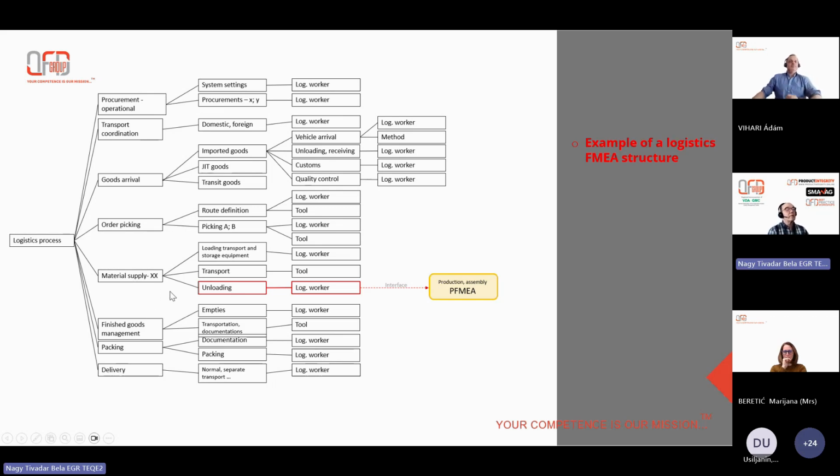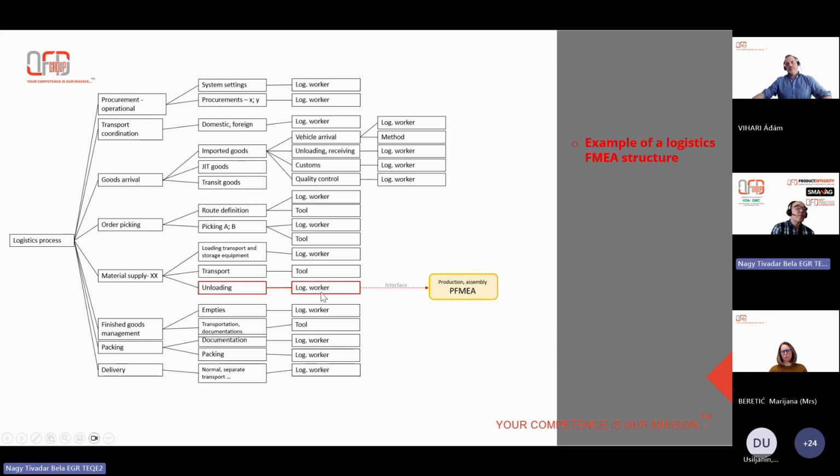When we speak about that, we should contact the other FMEAs, for example assembly, machining, and so on. It is the way we can link the logistic FMEA and the assembly FMEA to each other. Unloading is executed by the logistic worker, and it is connected to the PFMEA. What happens, for example, if it worked wrong?